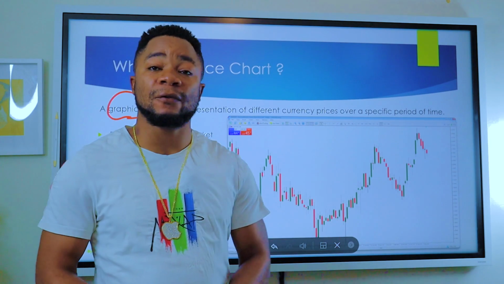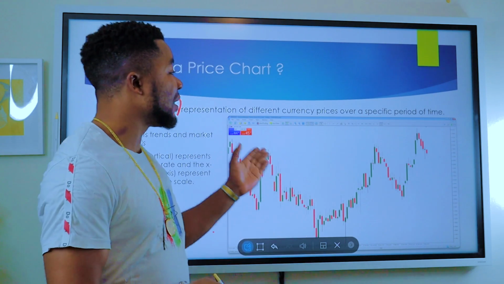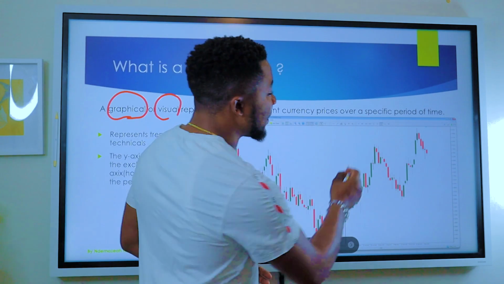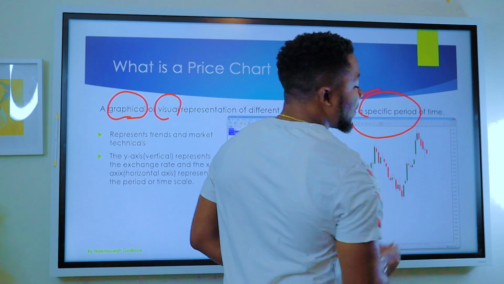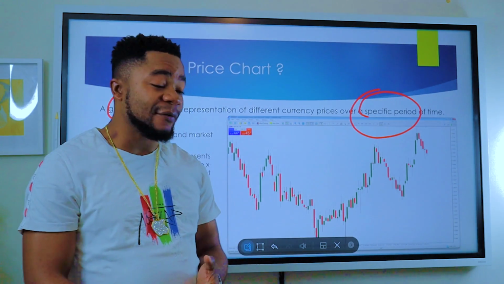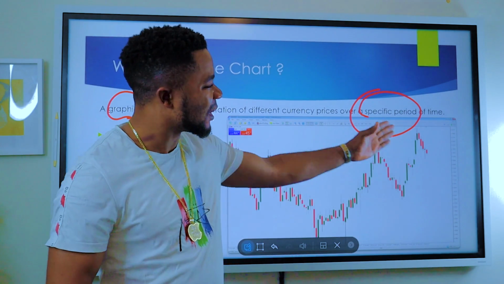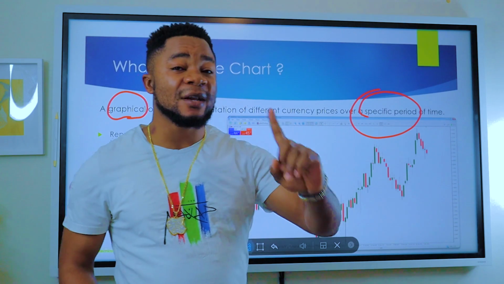But now we are talking about forex, so it is a visual or graphical representation of different currency prices over a specific period. Because in forex we might be talking of the 4-hour time frame, the daily time frame, the monthly time frame, the weekly time frame, or even the yearly time frame. So the specific period is very important.